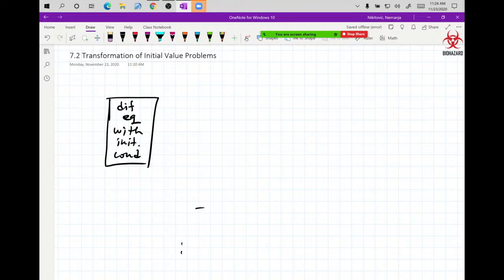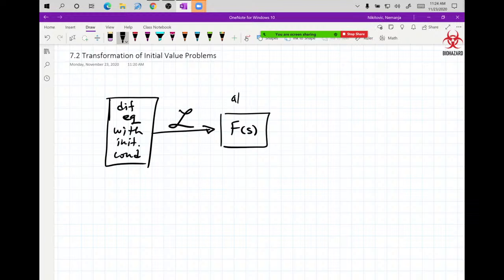So you have to have that. Otherwise, you can't do Laplace. Then you are going to use the Laplace and transform that into a Laplace domain equation, which actually is an algebraic equation.